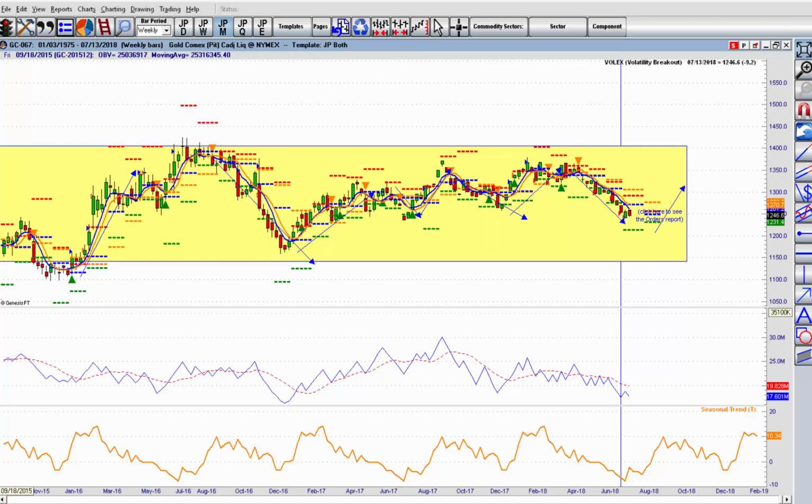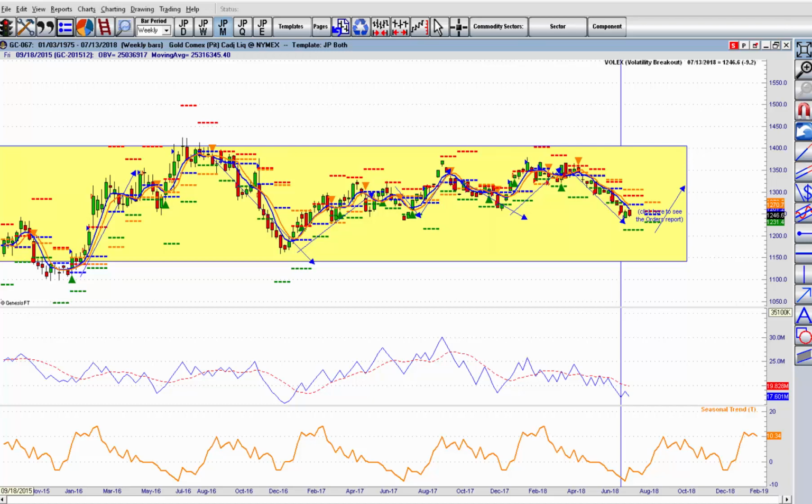Now, I always like to say if a market has been in sync with its corresponding historic seasonal trends, I give it the benefit of the doubt and make the assumption it may continue to remain in sync with its seasonal trend if we get corresponding technical indicators to corroborate that outlook.